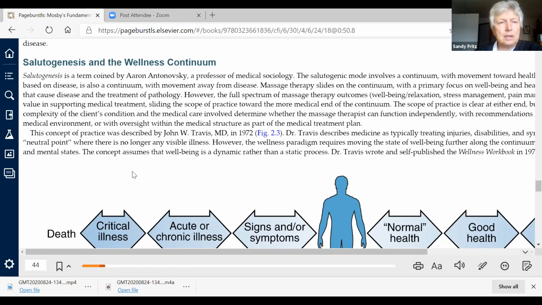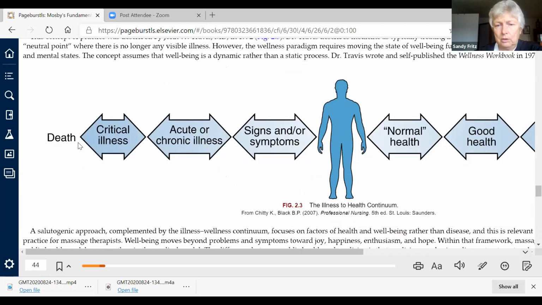And it's about moving towards health and supporting health and well-being, not to replace specific pathological treatment. But as massage therapists, salutogenesis is the idea of helping somebody do the very best they can in the circumstances. And so pay attention to that and look it up even more and learn more about that.